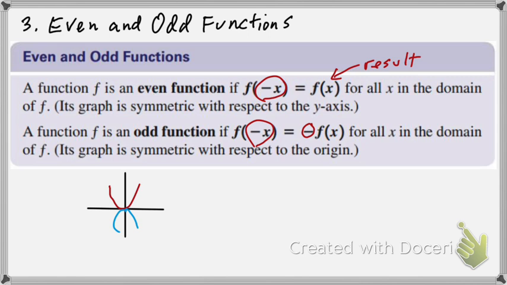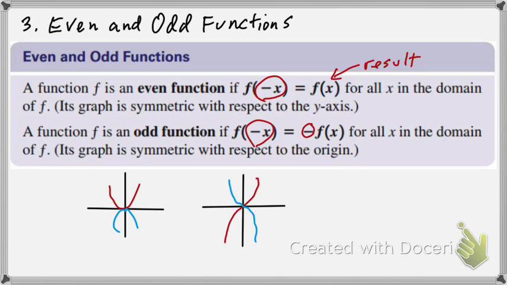An odd function, the left arm's going to be down, the right one up, or vice versa. One up, one down. And I don't think the textbook tells you that. I'm just letting you know.